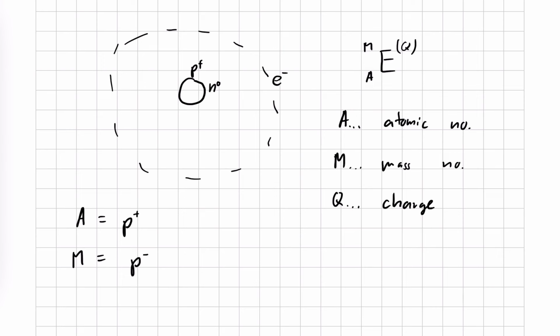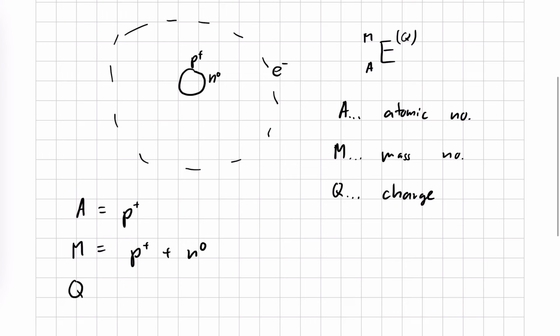And now the charge is equal to the number of protons minus the number of electrons. So that means if the number of protons and electrons is equal, the charge will be 0. If the number of electrons is 1 more than the number of protons, then it will be charged -1, or if it is 1 less, it will be charged +1.